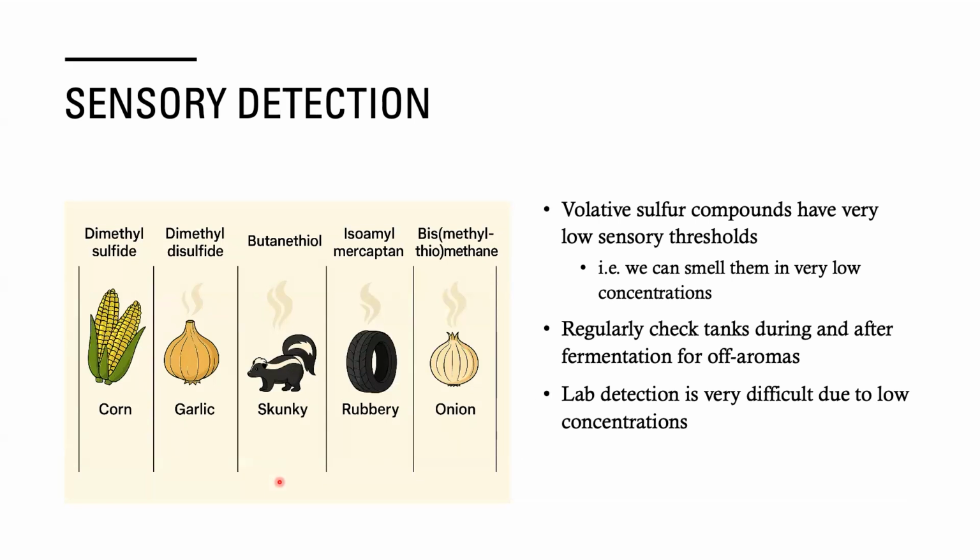Sensory detection. Volatile sulfur containing compounds have very low sensory thresholds, meaning a small amount of them and we can smell them. We talk a lot about acetic acid as being a fault that we see a lot. The sensory threshold in acetic acid is way high.